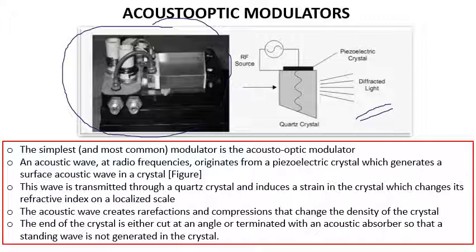This vibration produces sound waves, acoustic waves, inside, and different layers are developed here, and because of these layers of waves, the diffraction of the light happens. So in simple words, it becomes a diffraction grating when RF signals are applied to the piezo oscillators and the waves pass through. Because so many waves pass through, it acts like a diffraction grating.